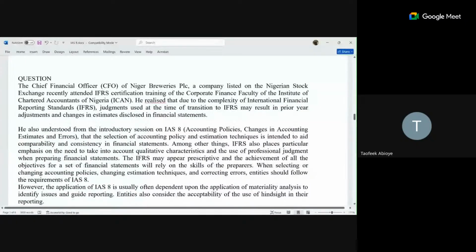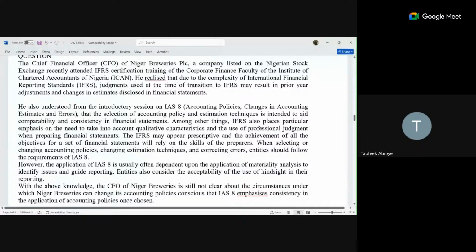He also understood from the industry section on IAS 8, accounting policies, changes in accounting estimates and errors, that selection of accounting policy and estimation techniques is intended to aid comparability and consistency in financial statements. Among other things, IFRS also places particular emphasis on the need to take into account qualitative characteristics and the use of professional judgment when preparing financial statements.